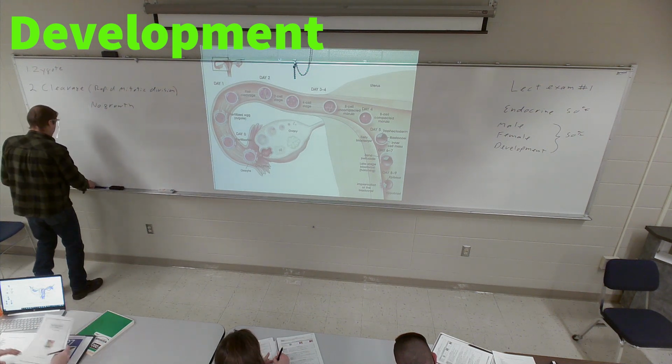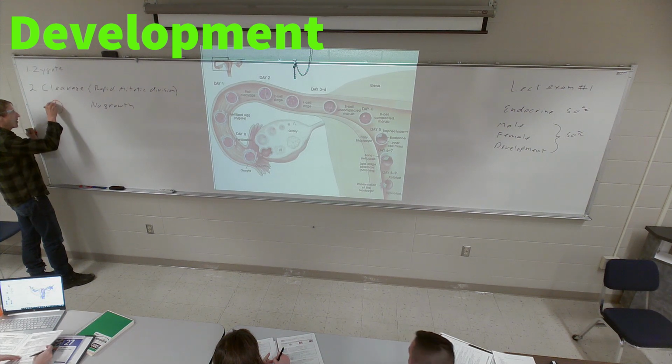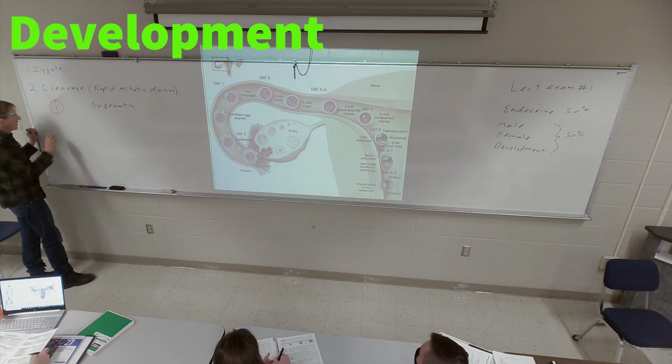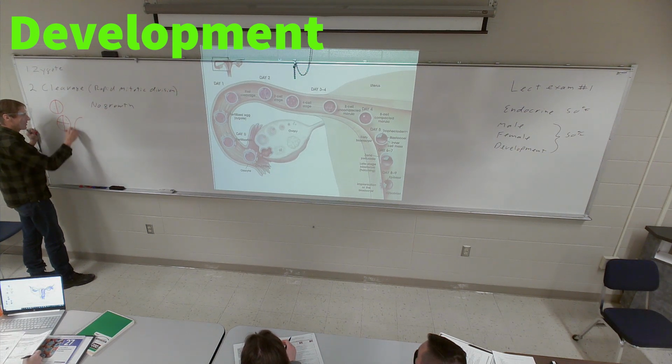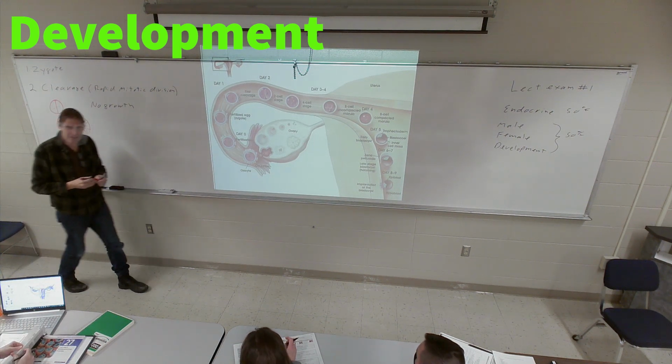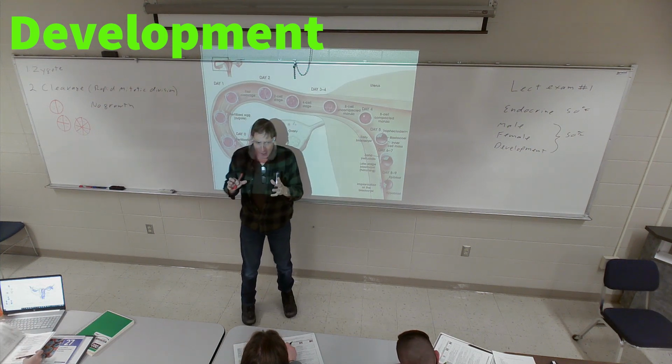And all that's happening, you're taking a cell, and it'll undergo mitosis. You'll have 2 cells. Those cells will divide. You have 4 cells. Those cells divide. 8 cells. It's just rapid mitotic divisions. What you'll notice is the whole organism doesn't change size.